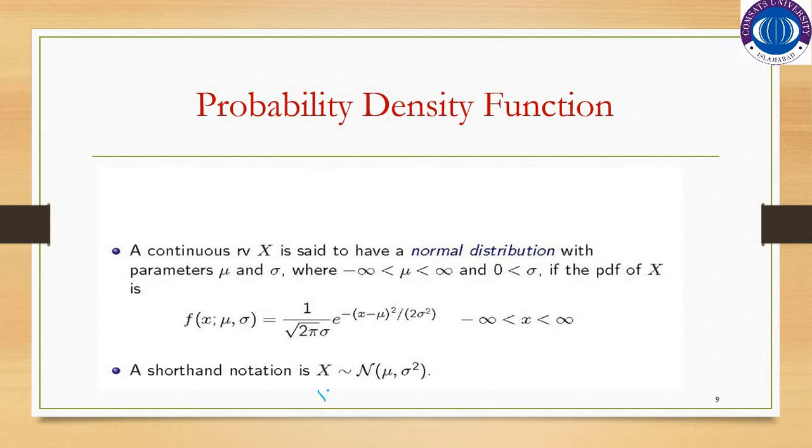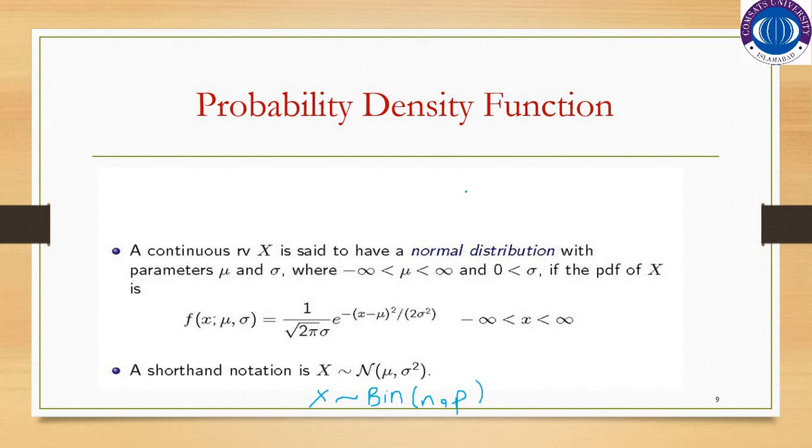You can write it for other distributions as well, that if x is following the binomial, you can write it in this way: x follows binomial with parameters n and p.